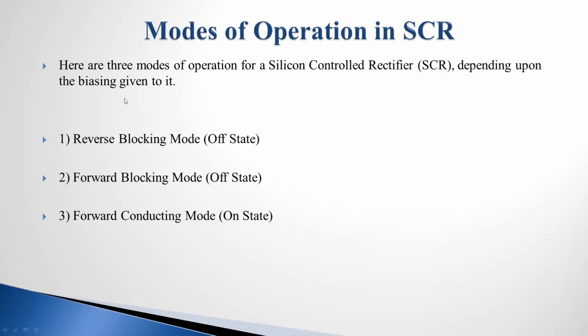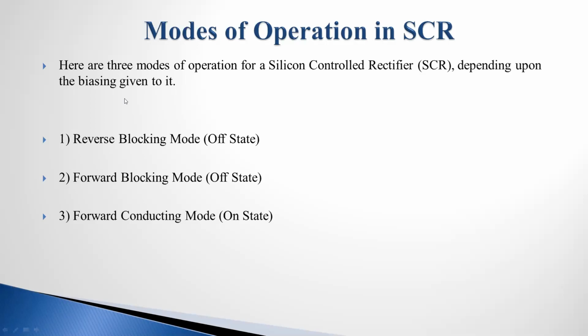In the same way here, depending upon the biasing condition, the SCR operates in three modes. The first is the reverse blocking mode, the second is the forward blocking mode, and the third is the forward conducting mode.